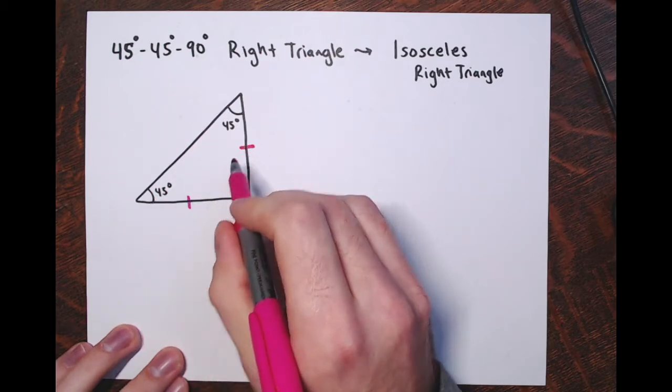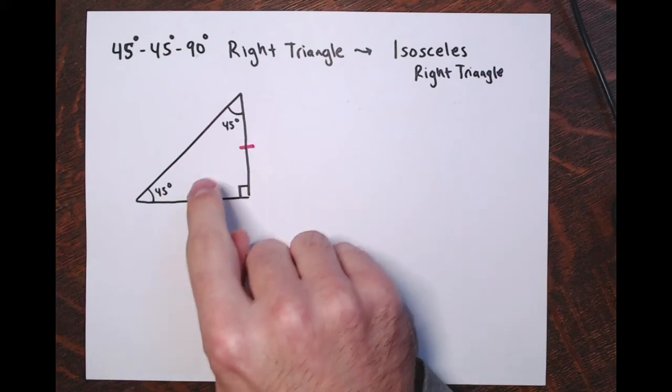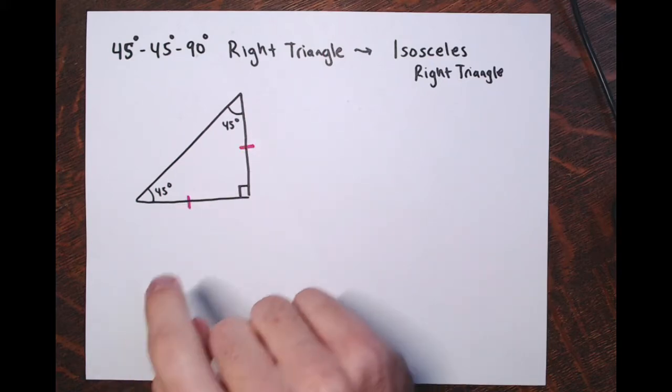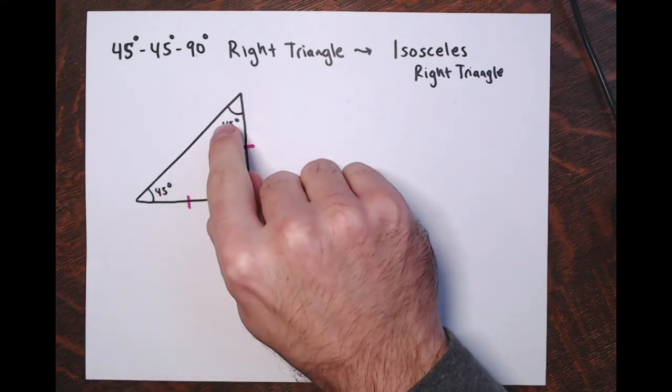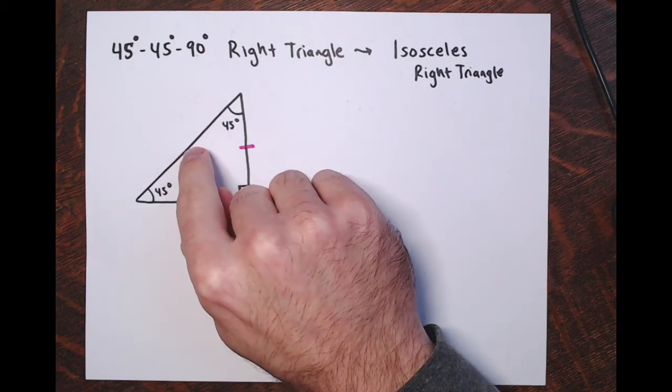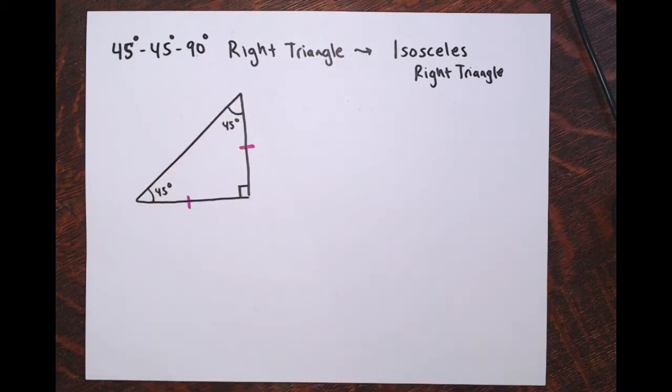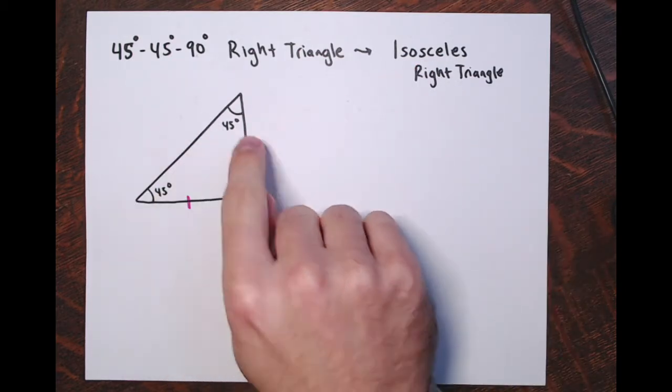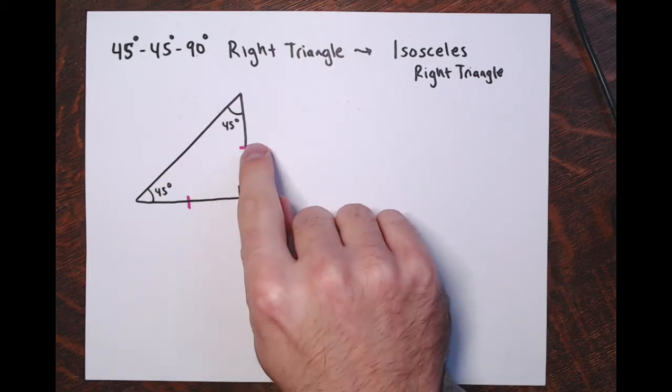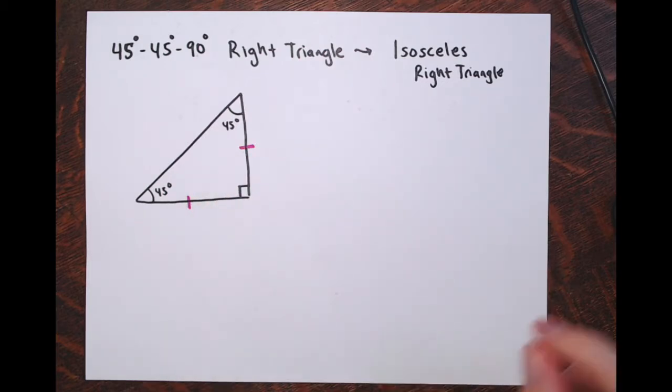I'll put little tick marks to indicate that these two are the same length. Now 90 degrees is larger than these two, so the opposite side, the hypotenuse, is going to be larger, not the same length as those other two. This is what's called an isosceles right triangle, where the two legs are the same length.